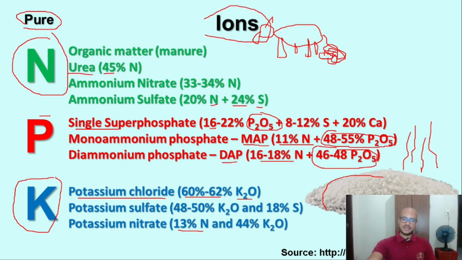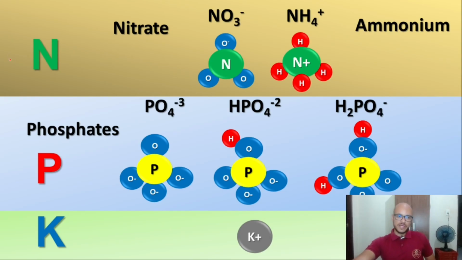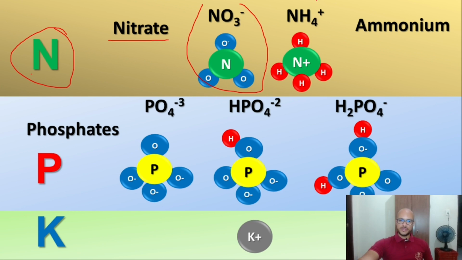What is an ion? For example, nitrogen, the plants do not absorb just nitrogen. It needs ions, for example, nitrates and ammonium. So these two forms are the forms the plants absorb, okay, or uptake.